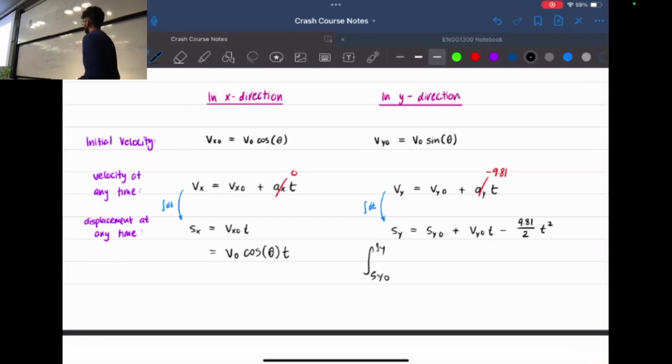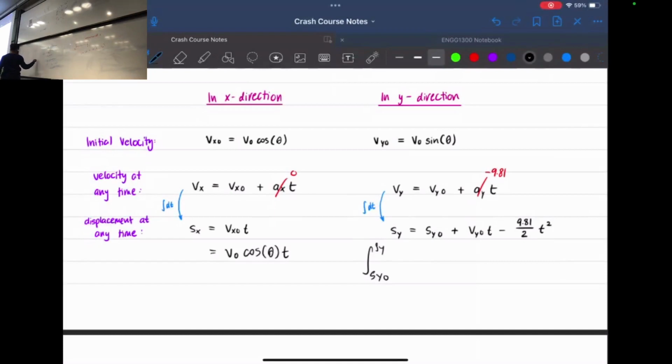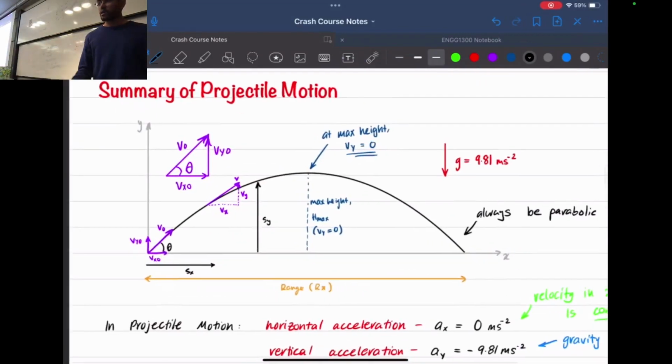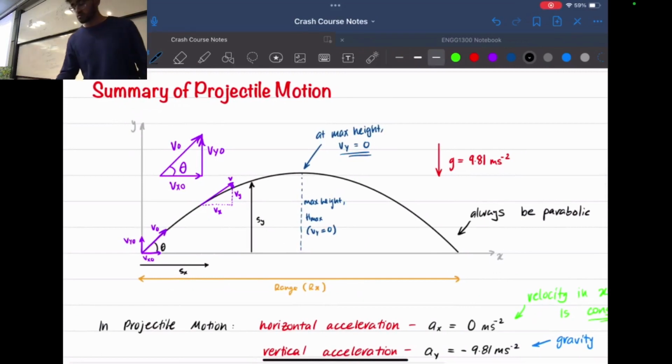Sometimes you might get a projectile motion question like this. Where this over here is our sy0. And in the case that I put up here, our sy0 is equal to 0, where we take this as the origin point.